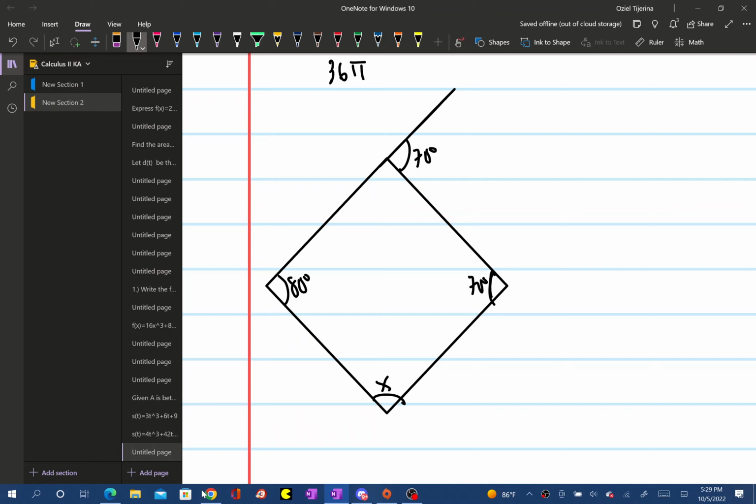And if we're solving for this angle, these two angles are gonna have 180 degrees.